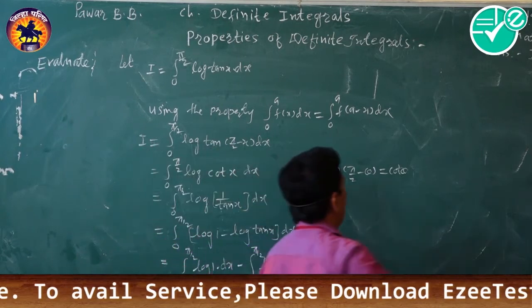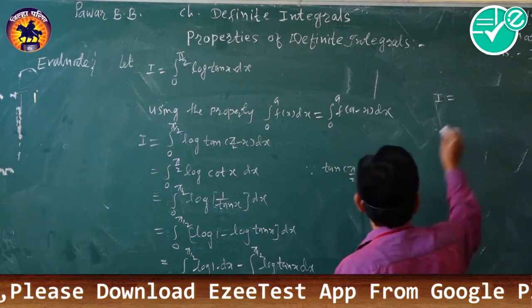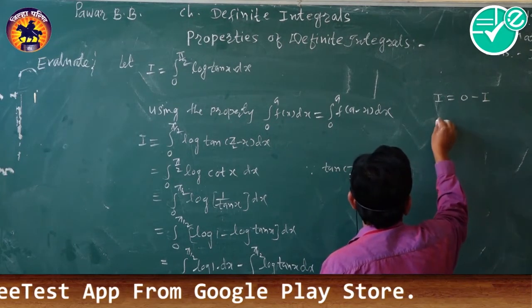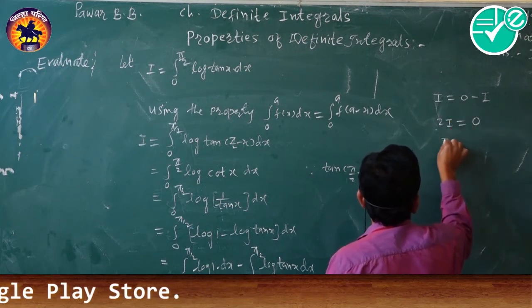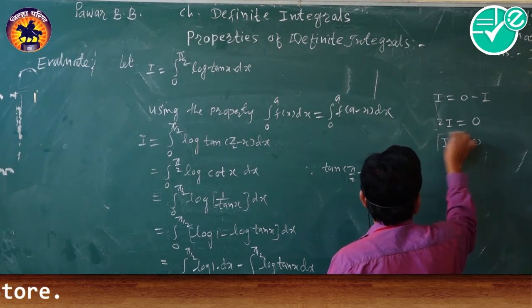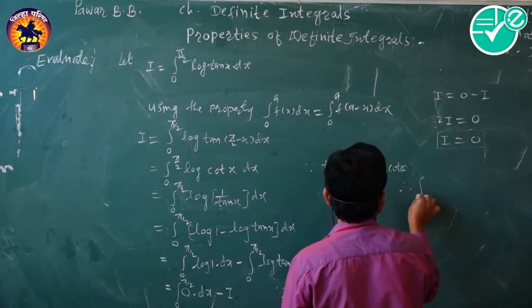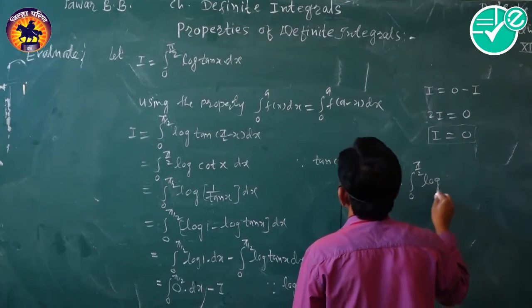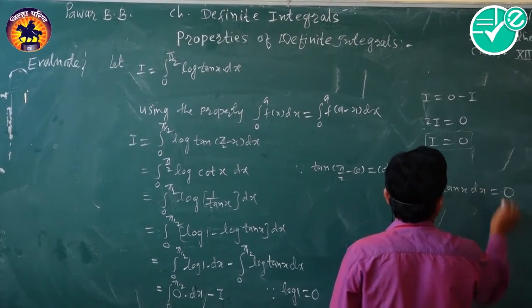Therefore I is equal to this 0 minus I, and taking minus I to the left side, that is I plus I, 2I is equal to 0 and I is equal to 0. Therefore we can write integration from 0 to pi by 2 log of tan x dx is equal to 0.